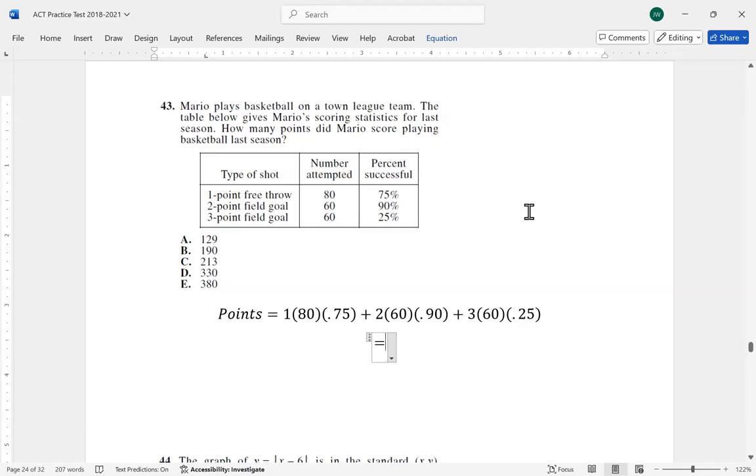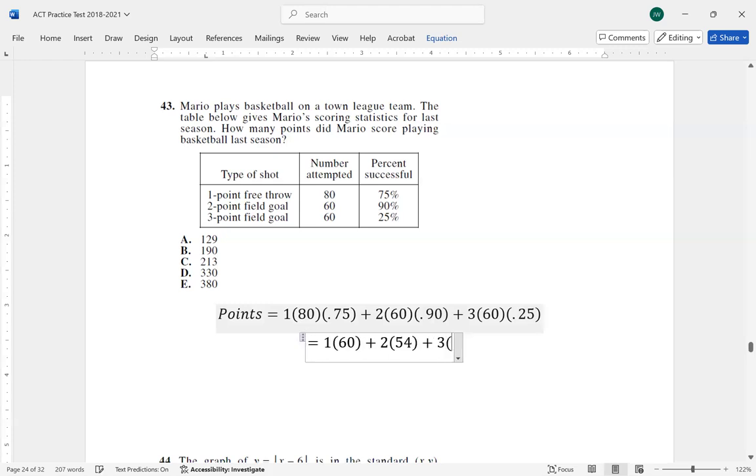If you want to do the actual calculations, 75% of 80 means he hit 60 1-point shots. 90% of 60 means that he hit 54 2-point shots.